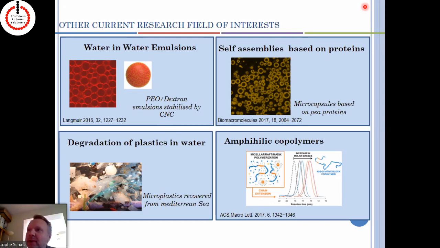Another question: what could we expect from a hydrophobic grafted hydrophilic polymer chain in terms of self-assembly? So it's a very good question. I had 2 slides about this, but I removed them. You have exactly the same thing.